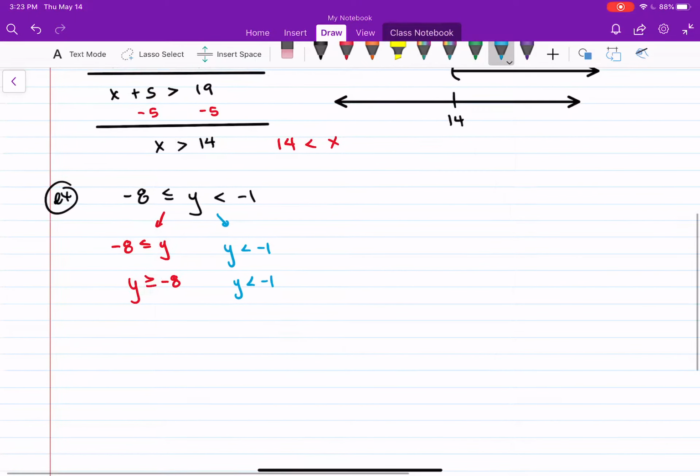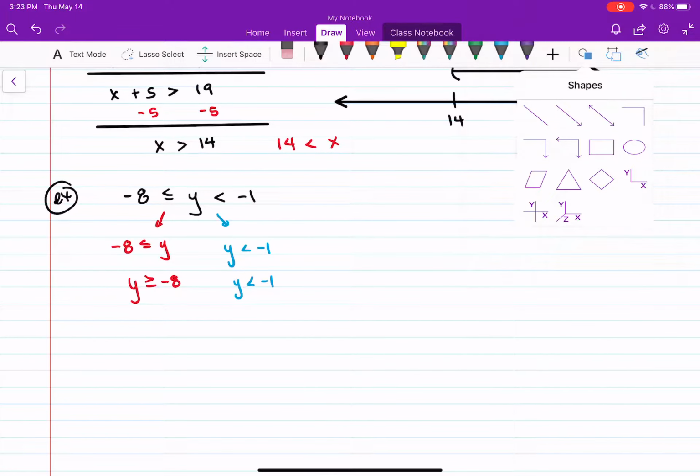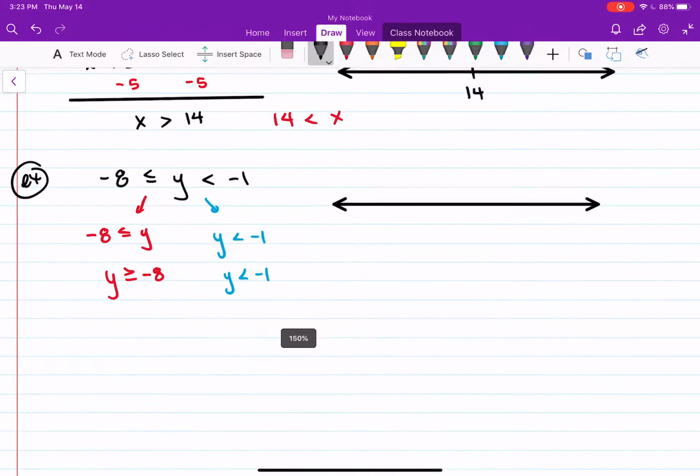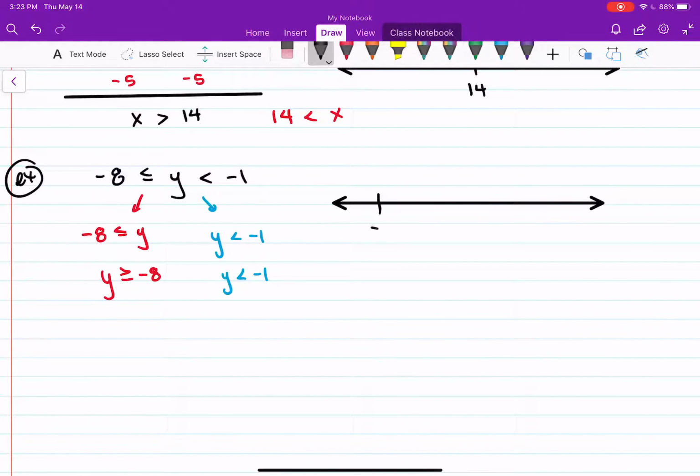So when I graph this, now I've got to write down two numbers, a negative 8, which is a smaller number, and a negative 1. I want you to understand this, however. Notice where those inequalities came from.